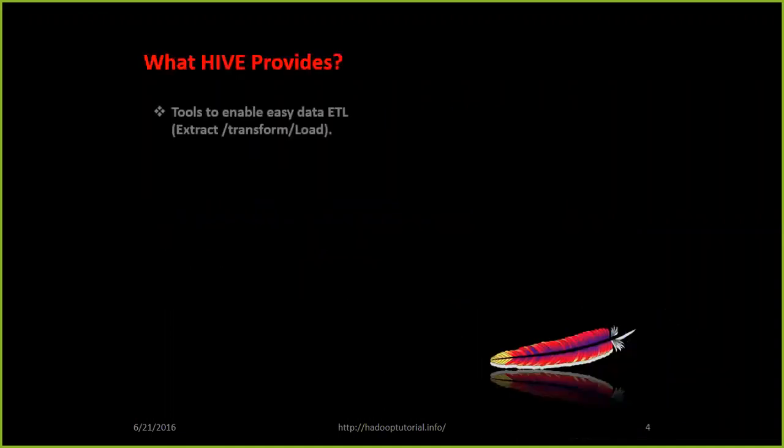So what does Hive provide? It acts like an ETL tool, a mechanism to project a structure on a variety of data formats. If you have a CSV file, a tab separated file, a JSON file, a sequence file, or an ORC file, those are file formats, like text files, tab separated files, and JSON files.